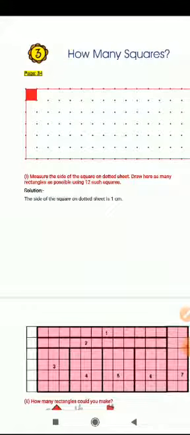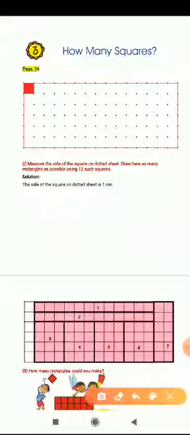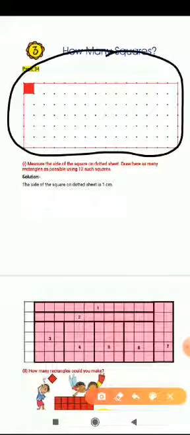Question 1 is, measure the side of the square on dotted sheet. Here you can observe one dotted sheet. Now what you have to do, draw here as many rectangles as possible using 12 such squares.